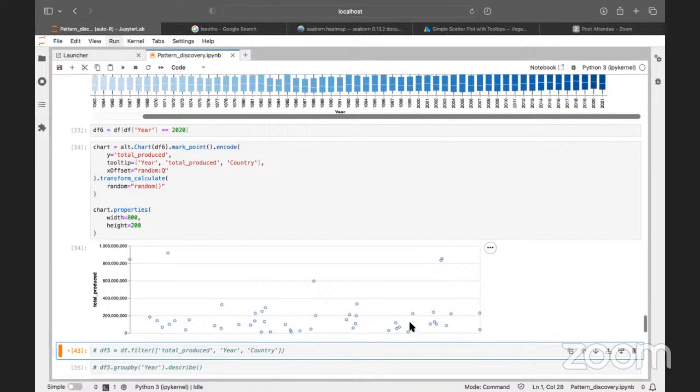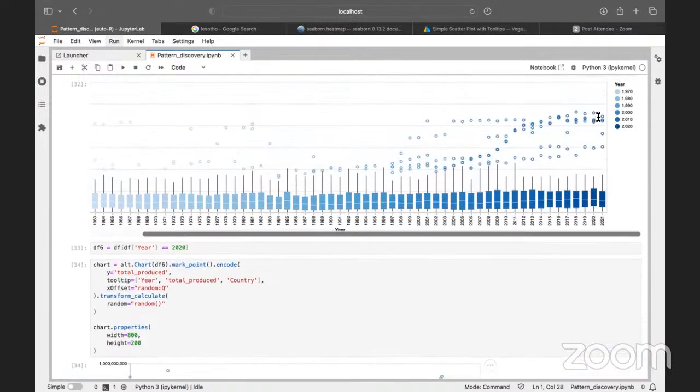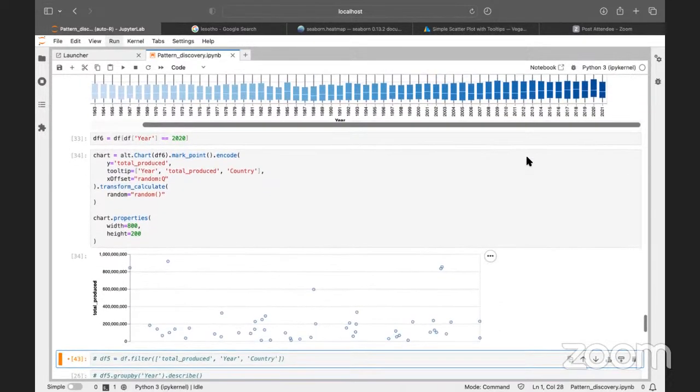So this is really helpful if you want to do a closer examination of the outliers as well as the values that fall within a specific range in your data set.